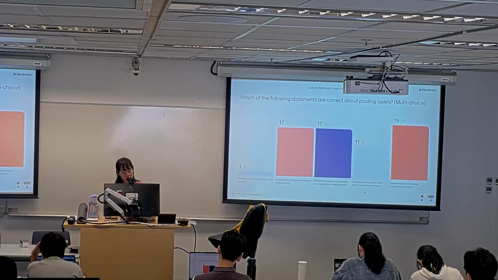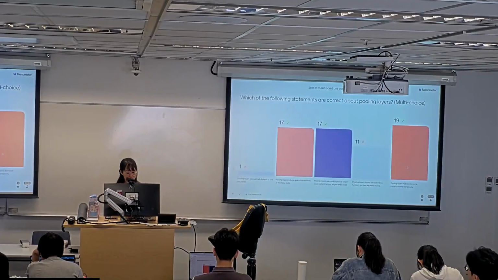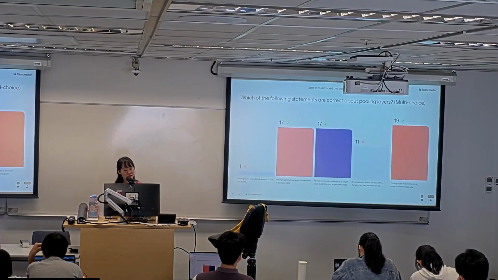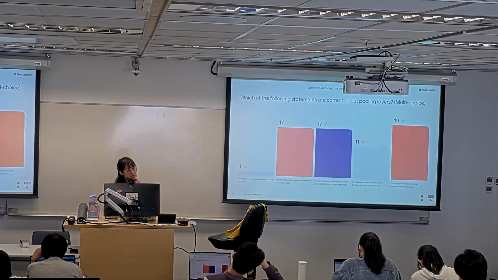Pooling layers are not linear layers. And the last one is correct. Pooling layers help to decrease computational complexity because after the pooling layer, the output size gets reduced. So basically, it reduces memory usage and computational complexity. In the meantime, the pooling layer can also be used to avoid overfitting. So the last is correct. So the correct options about pooling layers are these three statements.